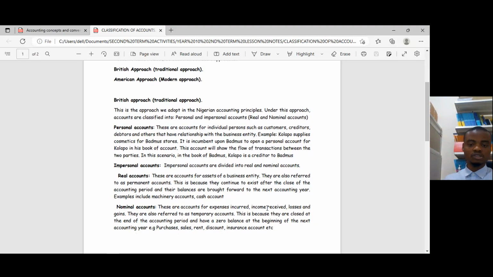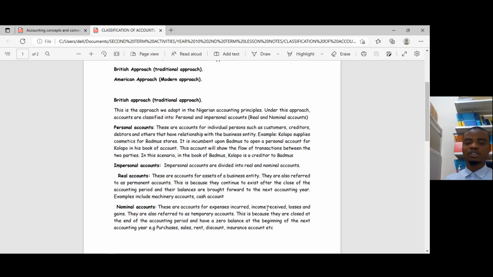So it's just a translation, just semantics. Personal accounts are accounts for individuals, persons such as customers, creditors, debtors, and others that have a relationship with a business entity. Whenever you see the name of an individual mentioned, you know that it's a personal account. For example, you can say Musa's account, Adibowali's account, Christiana's account, all those are personal accounts.